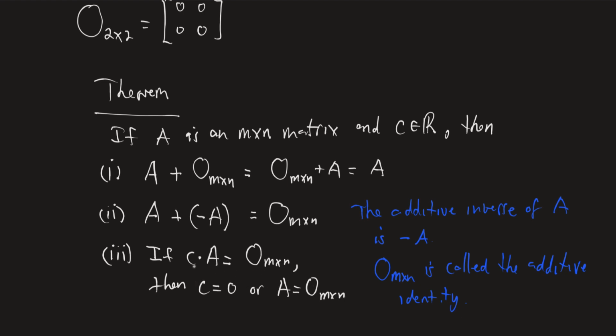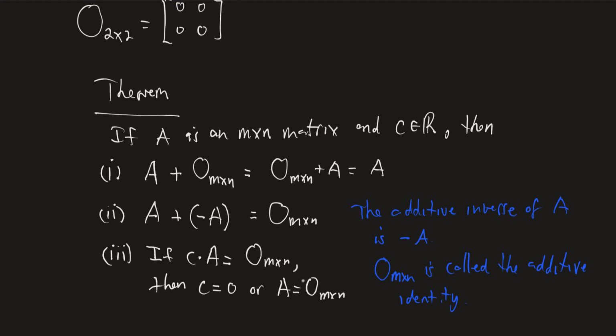And this property is one version of the property that we use whenever we're factoring, particularly with polynomials. If you have a 0 on one side of the equation, then either of the factors would have to be 0. But in this case, one is a scalar and one is a matrix. So either the constant equals 0, or the matrix equals the zero matrix.